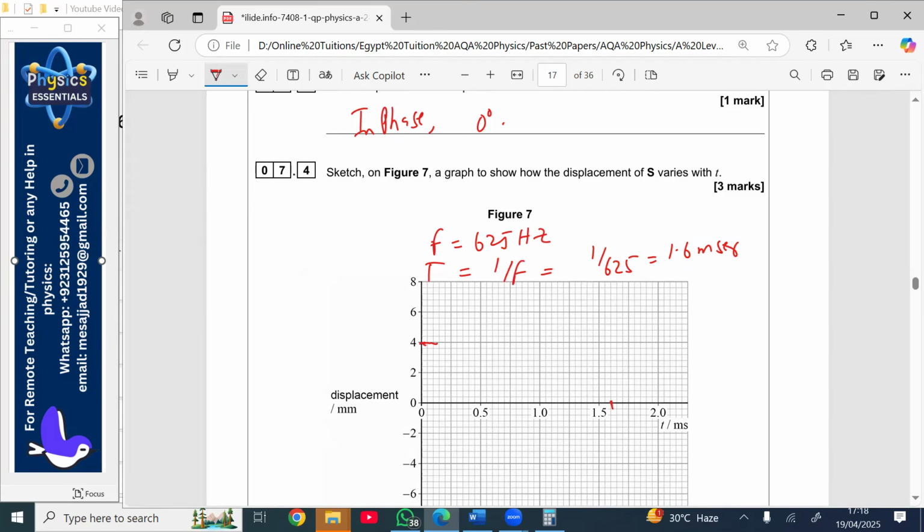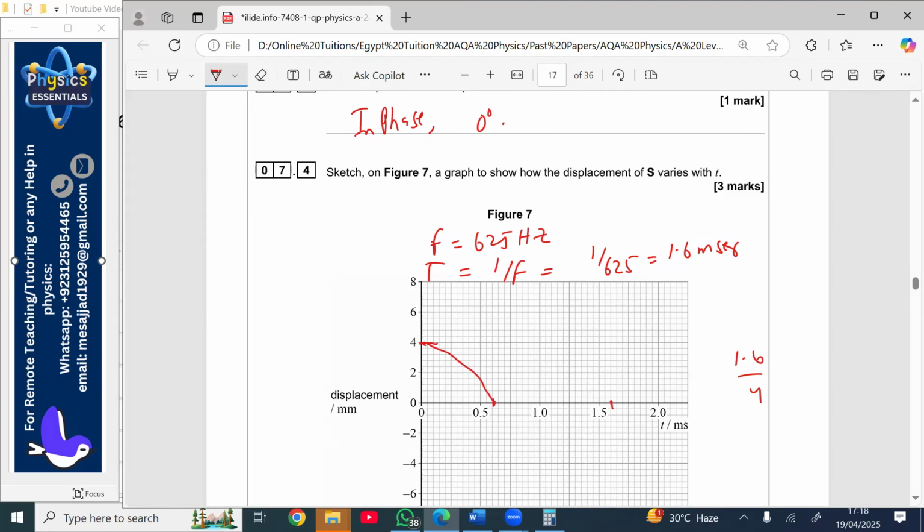If 1.6 is the time period, then a quarter of it is 1.6 divided by 4.